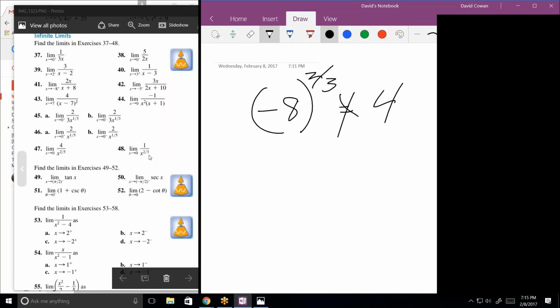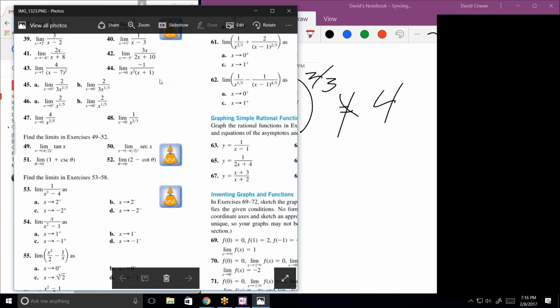Put -8 raised to the 2/3 power, and it'll show you what the answer is. I think it's an imaginary number. They give you nothing but a complex answer that is not 4 by any means. So some of these get a little tricky the way they're talking about it.